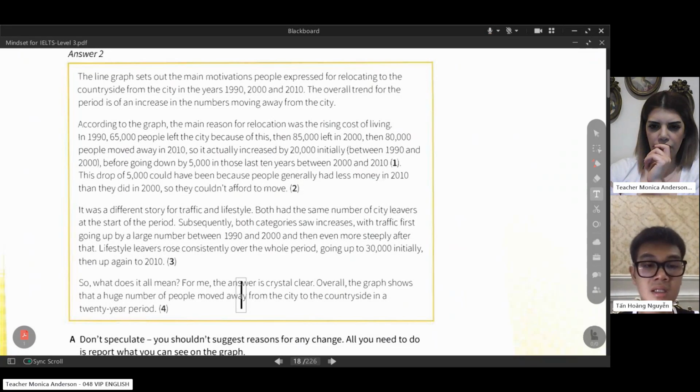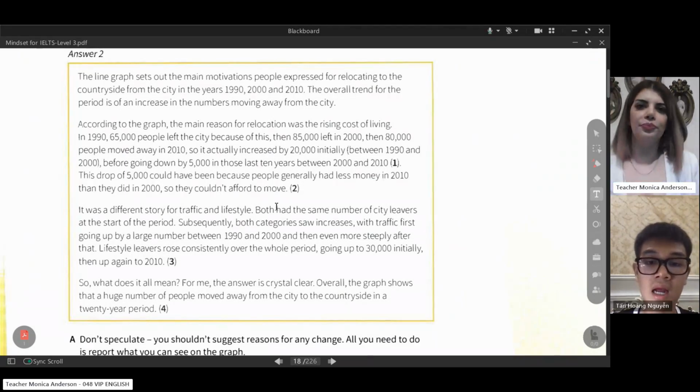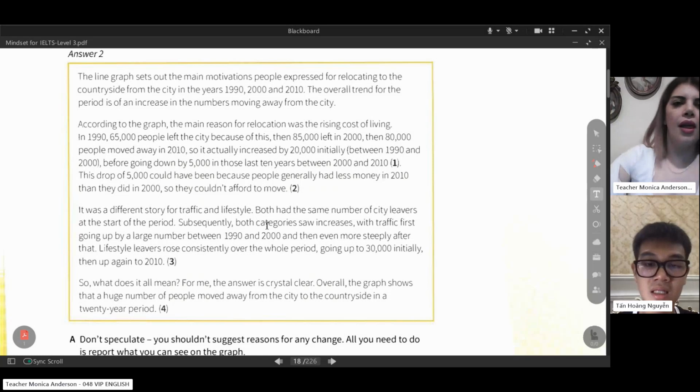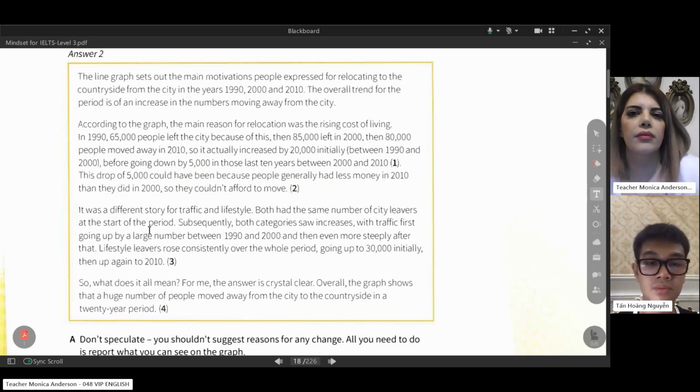In 1990, 65,000 people left the city because of this. Then 85,000 left in 2000. Then 80,000 people moved away in 2010.